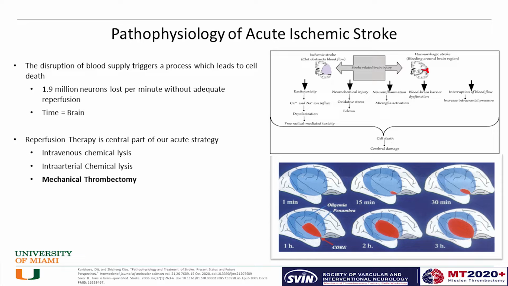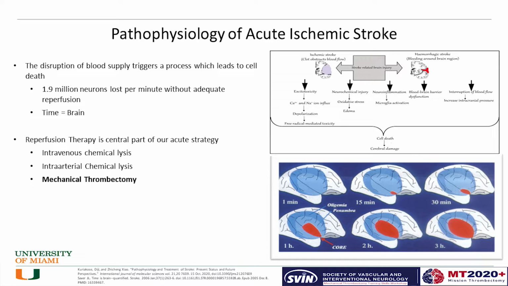This photo is an animal model that looks at what happens when a blood vessel is occluded. At 1 minute, the entire brain tissue is at risk of dying, but is not yet dead, and so is called the ischemic penumbra. As time goes by, at 15 minutes, an area of brain cells starts to die.